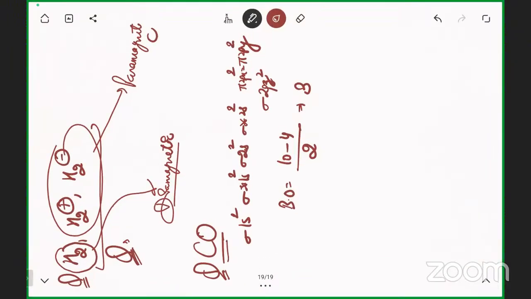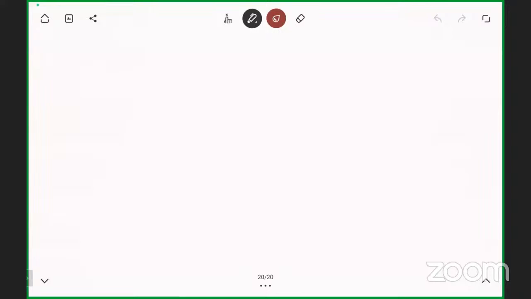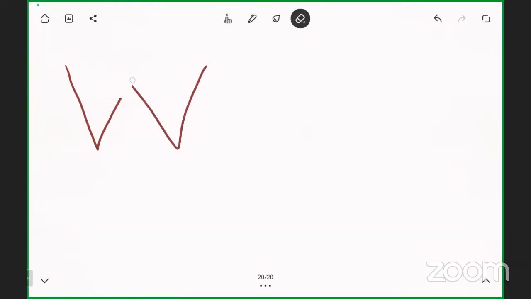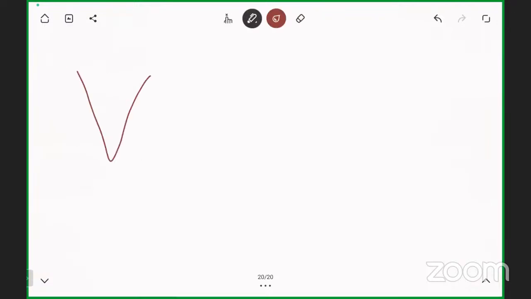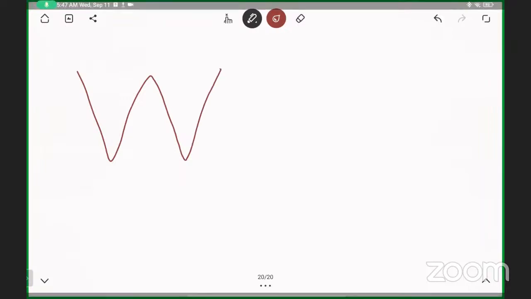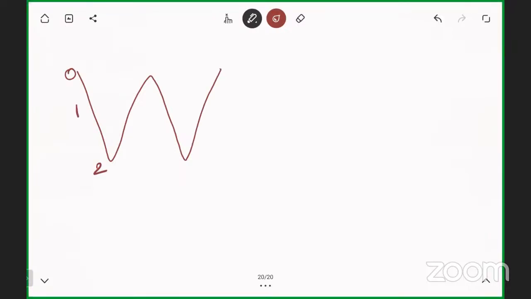Okay. Now I was searching for some sort of trick to remember the bond order. So I got 2 tricks. You can use them, and this was quite easy. See, 0, 1, 2, 3, 4, 5, 6, 7, and 8.